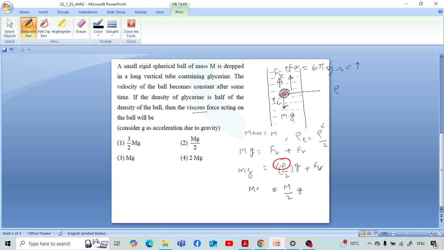So mg equals mg by 2 plus fv, the viscous friction force. So fv comes out to be mg minus mg by 2, which is mg by 2. So we can say that the viscous friction force is mg by 2. So option 2 is correct here.